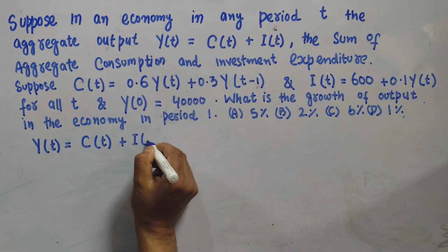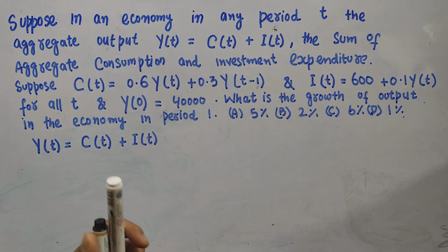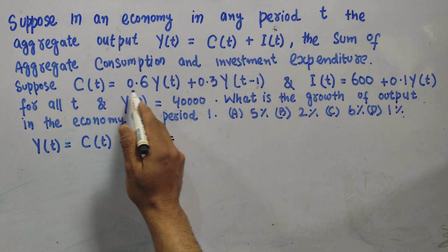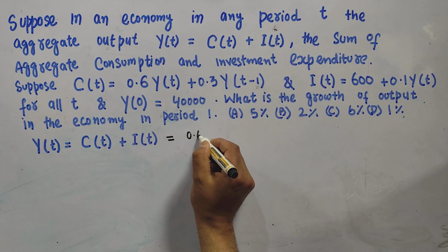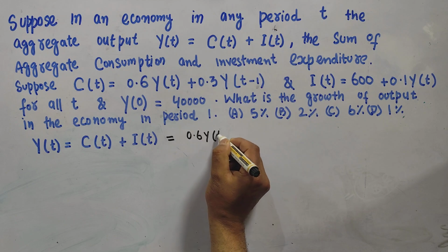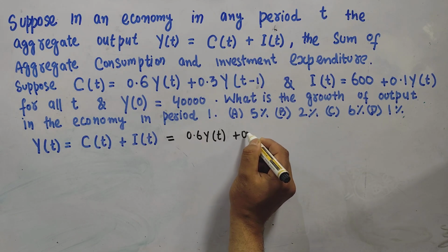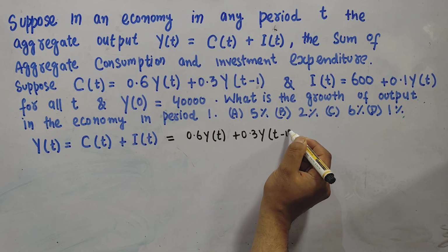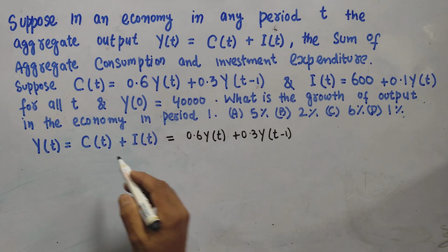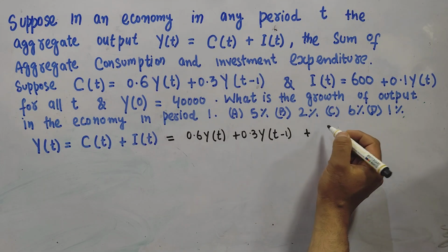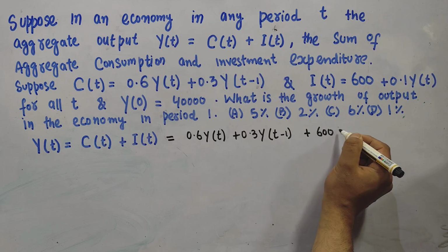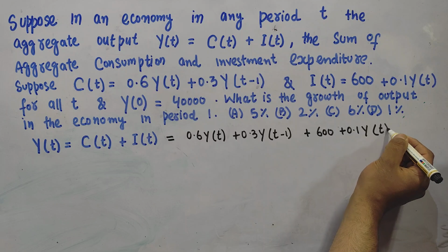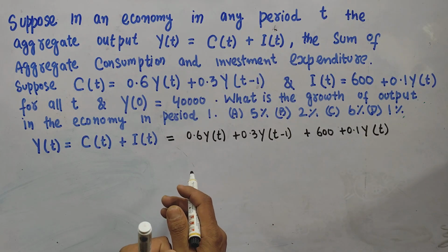Now we are also given the consumption function, 0.6 yt plus 0.3 yt minus 1. Okay, this is our consumption. And what is investment? Investment is 600 plus 0.1 yt. Now let's try to solve it for y.